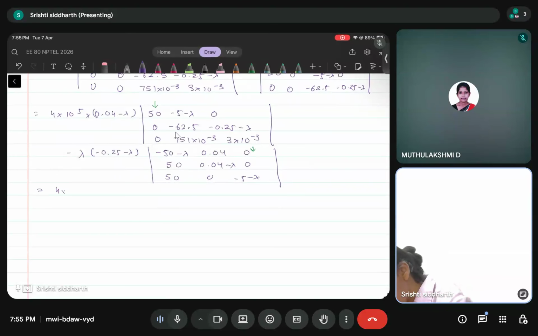This is 4 into 10 to the power 5 into 0.04 minus lambda into 50 times, sorry, this is multiplication.